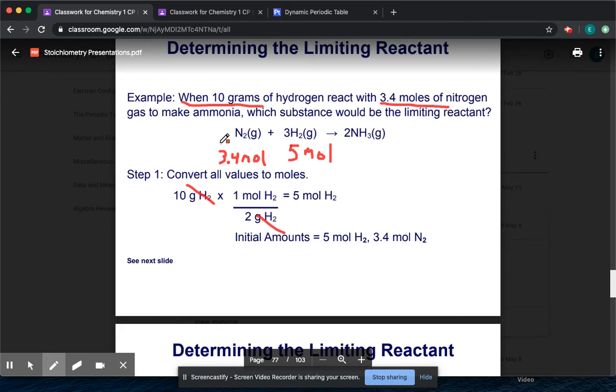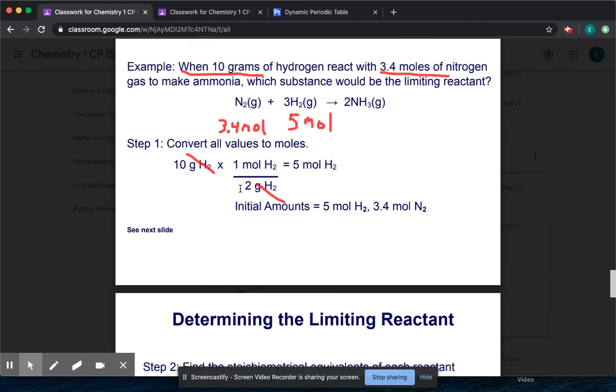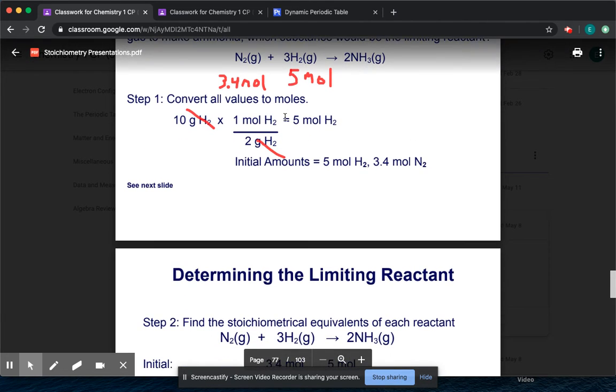You know right away, 3 times 3 is 9. This is more than 3, so if you triple this, you're going to need more than 9 moles of hydrogen. We only have 5, so right away you know that we don't have enough hydrogen. Once you get better at that, you can do that right away.